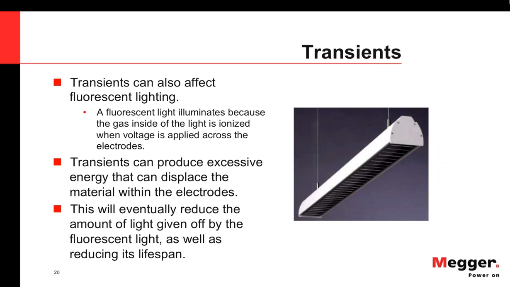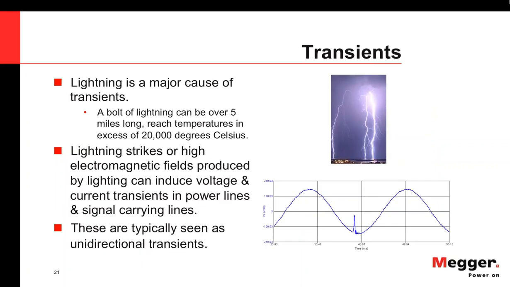When you have transients that are repeatedly applied to fluorescent lights, you get mercury deposits on the actual lighting. Okay, so you have material that gets displaced. This will reduce your lighting, and eventually it reduces the lifespan of the fluorescent light, and you'll have failures that will appear. Now, typically, when a fluorescent light fails, you'll see darkness. It will get dark on the edges. That's normal, but if you start seeing spots on it, that's a sign of transient issues that are occurring.